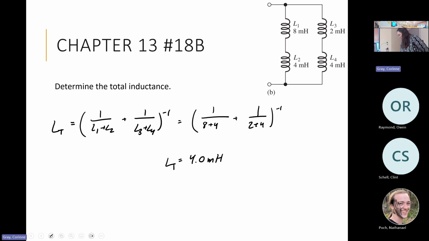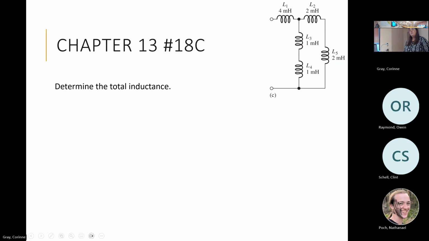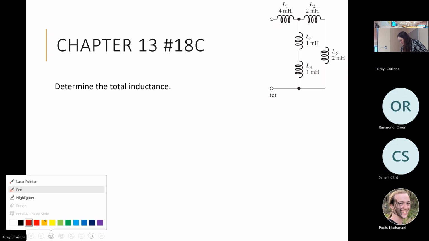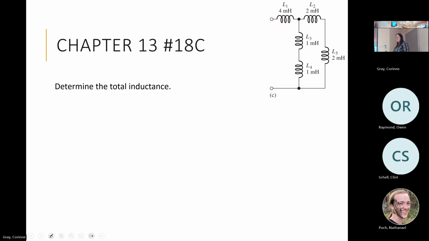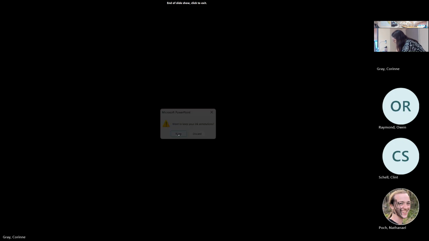Any questions on B? So how would we do C? We see all 4 of those are in parallel, and I'll get that in series with L1.